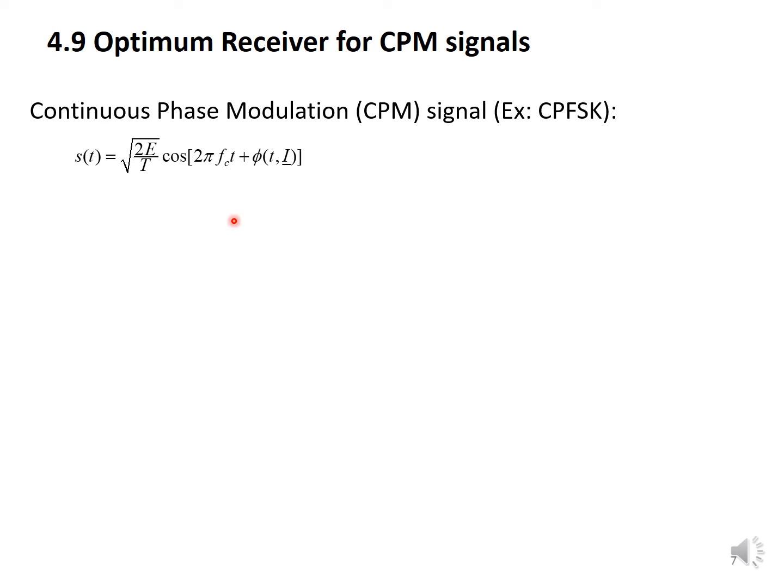Say this is the signal s(t), and there's a phase phi(t, I), where the vector I is the sequence of previously transmitted symbols, right? So the phase phi represents the accumulated phase, so that the phase can be continuous.